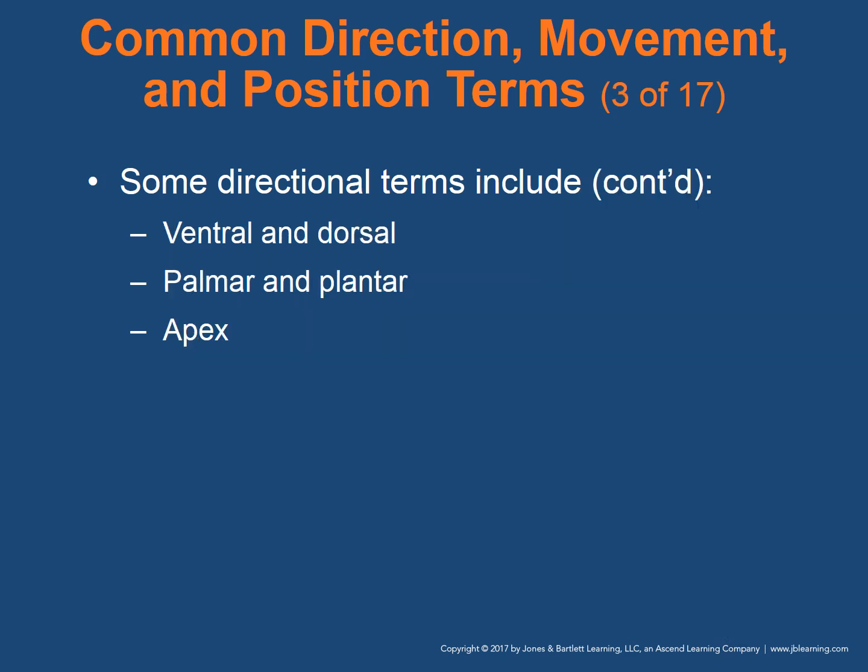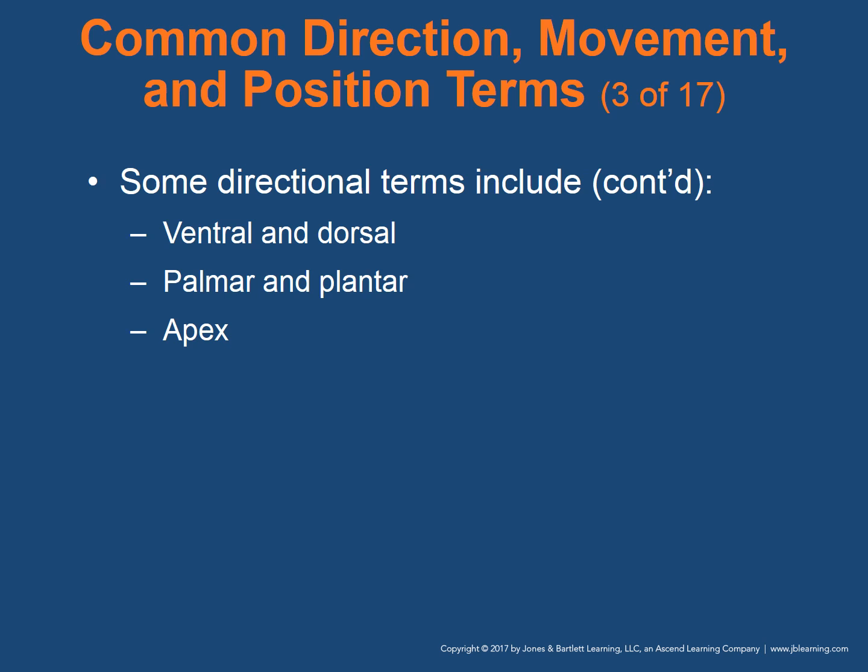So these directional terms are some of the less common terms, but it may be something that might show up on National Registry, or you may see it in someone's patient care report or a document from the hospital. So ventral and dorsal, you can think of those as the anterior and posterior. And think of dorsal as like a dorsal fin on the back of a dolphin. So dorsal is the same as posterior, of the back there. Palmar and plantar.